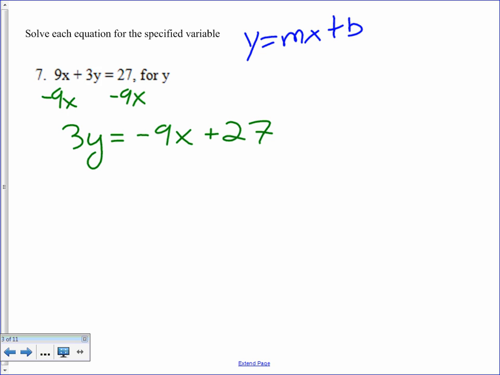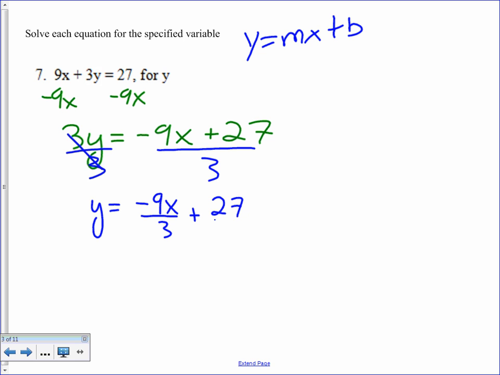So what I'm going to do here is then I'm going to divide both sides by 3. That cancels, and I'll get y equals. And what I'll do is I will split this up into 2 pieces. And then I will reduce the fractions.